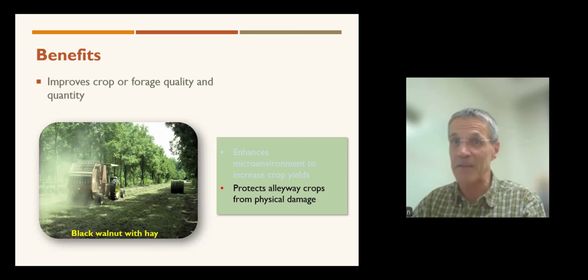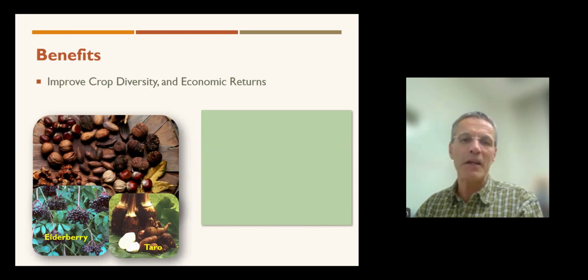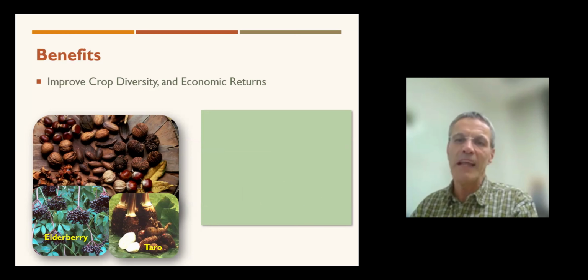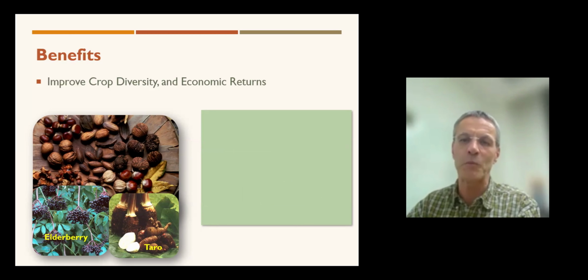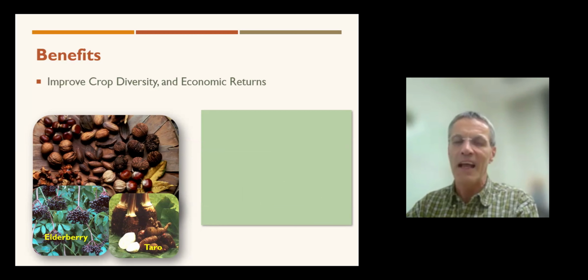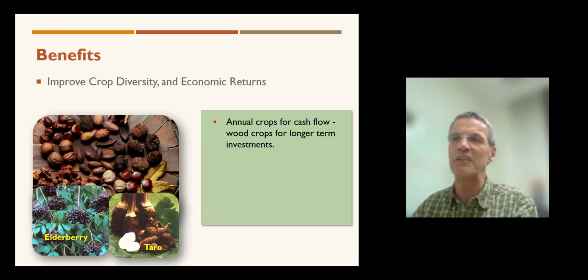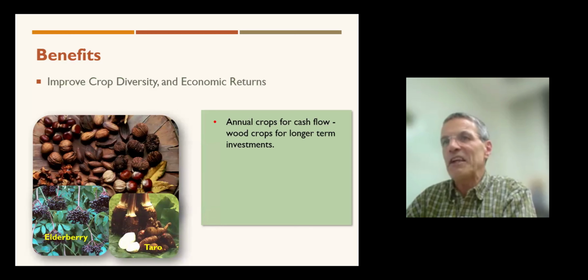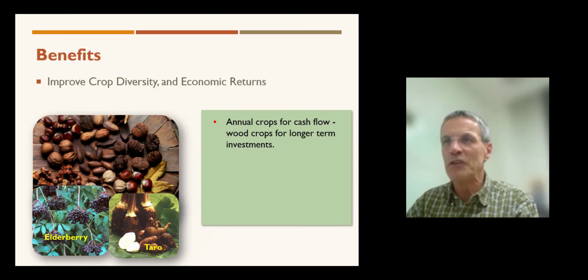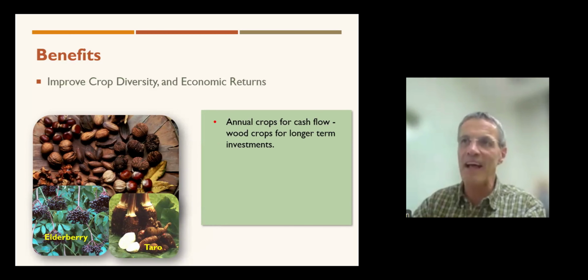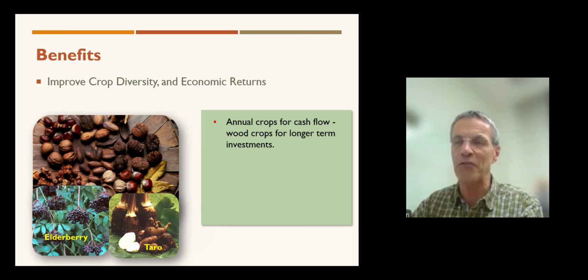So if you have fruits or vegetables, they might fall into that category of plants that need to be protected from physical damage. Another benefit is that we're using a layered system that uses horizontal and vertical space in different ways, and you can integrate a variety of different crops. That increases crop diversity and improves economic returns. Especially with annual crops, you can constantly sell them, which is good for your cash flow.